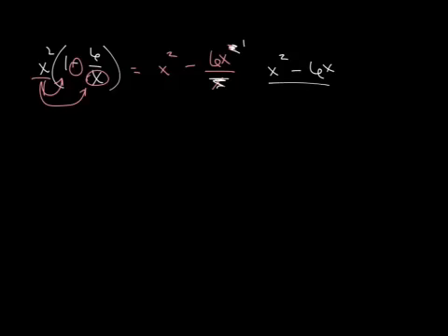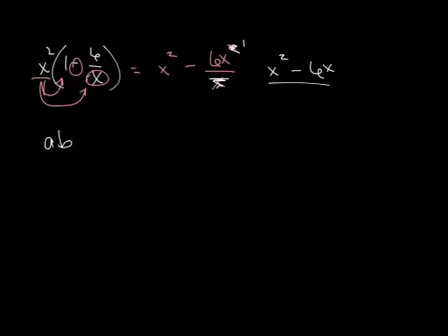So x squared times 1 is x squared, minus x squared times 6 is 6x squared, and that's going to be over x, because this is a 1 under here, and 1 times x is going to give me x. Okay, so I've got that. Now I can cancel this x with one of these, and I'm left with 1. So I end up with x squared minus 6x for an answer.